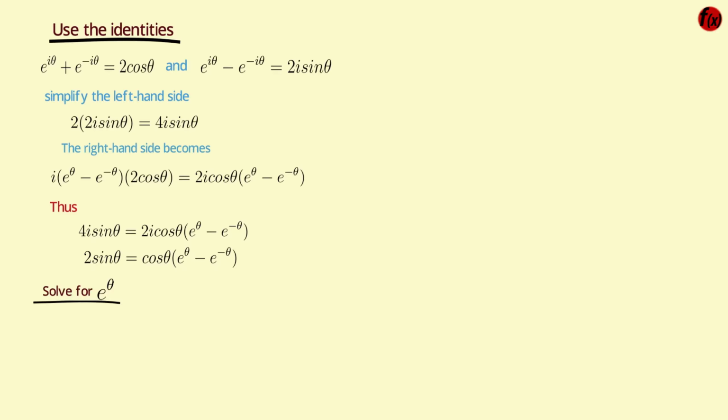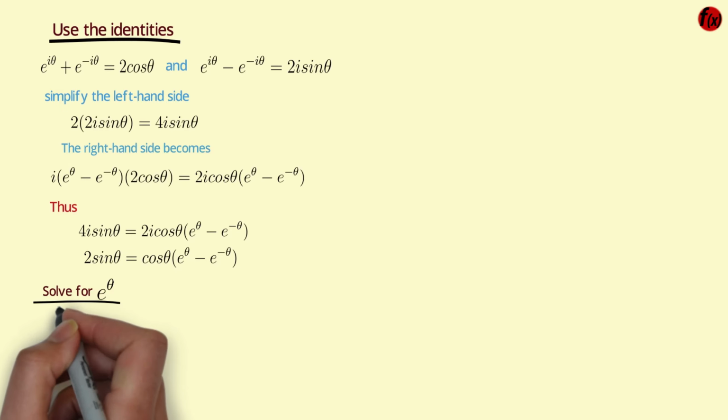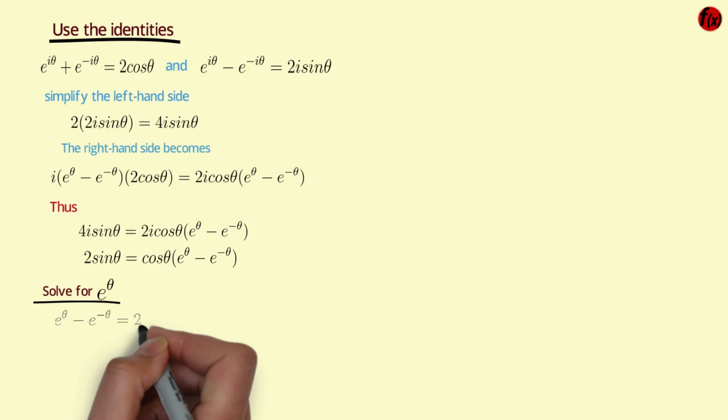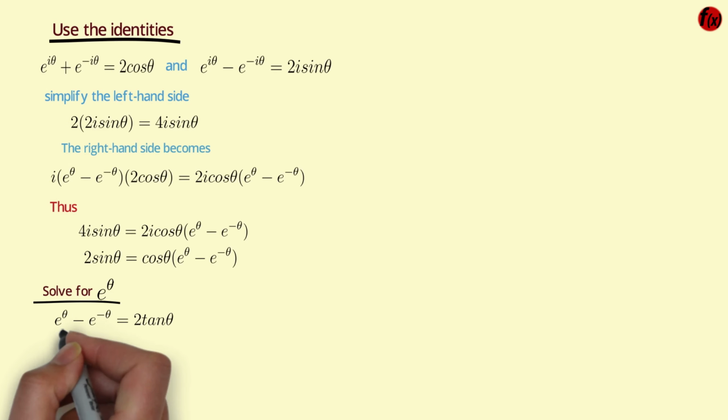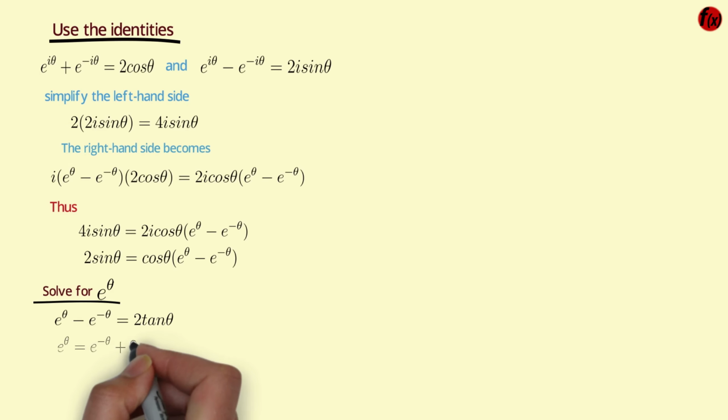Divide both sides by cos θ. Add e to the power negative θ to both sides and factor e to the power θ. Multiply by e to the power θ.